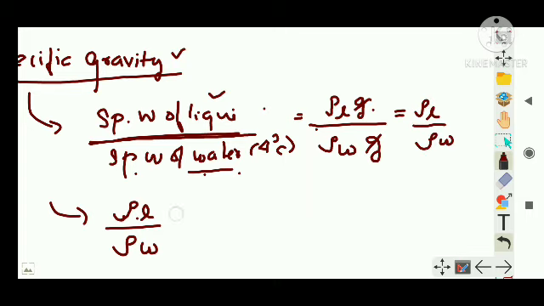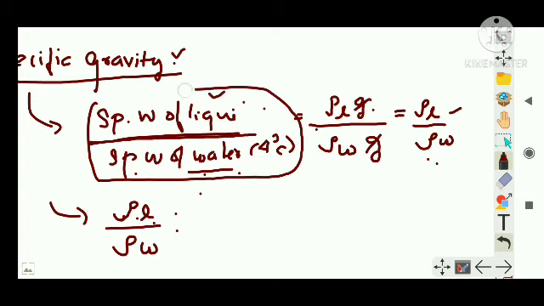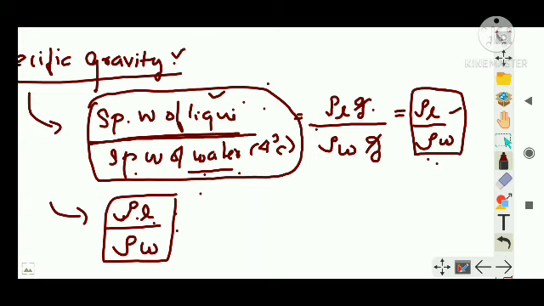Now you see that this is the same. So some of the time we can even say specific gravity and relative density are quite similar, because they are numerically equal. It is not actually the same. When you talk about the definition, it is different, but their magnitude comes out the same. That is, relative density and specific gravity of a liquid are numerically equal. Clear? Keep that in mind.